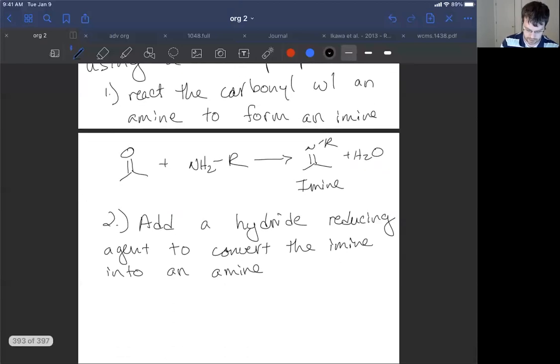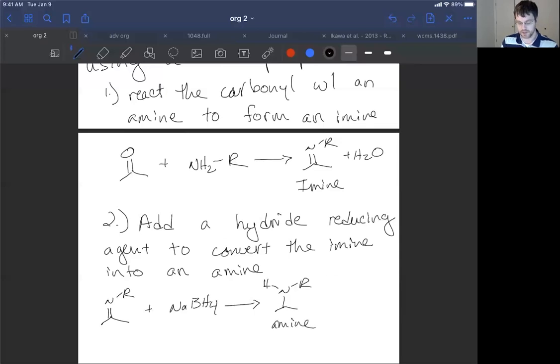Now what that looks like is we're going to take our imine, shown here, we're going to react it with NaBH4 to make our amine. Now this amine is more complicated than what we started with because we've added additional carbon units.